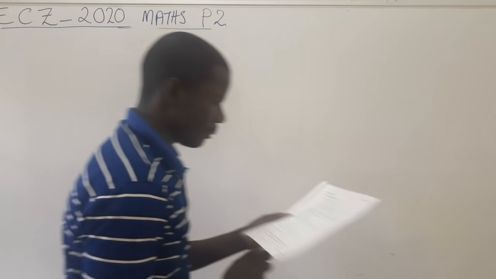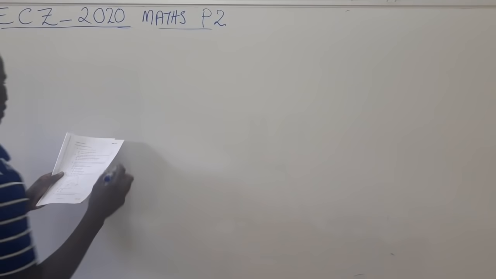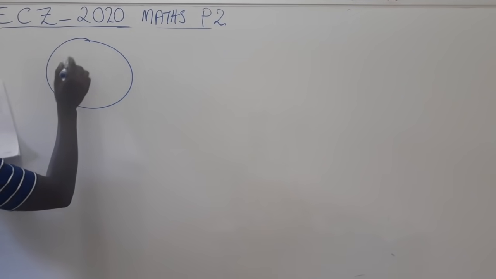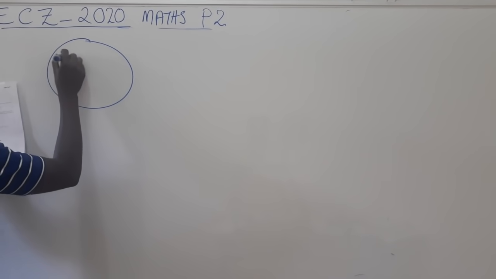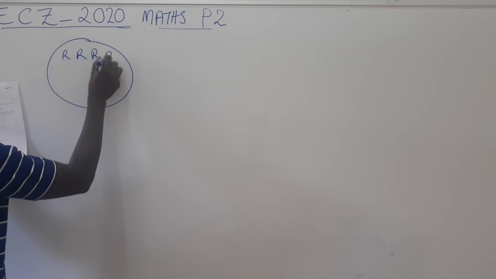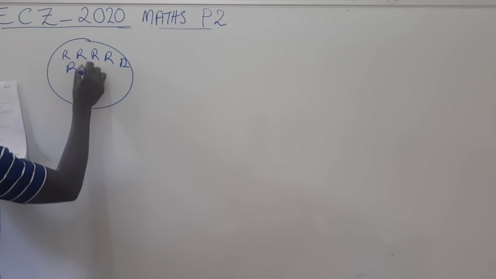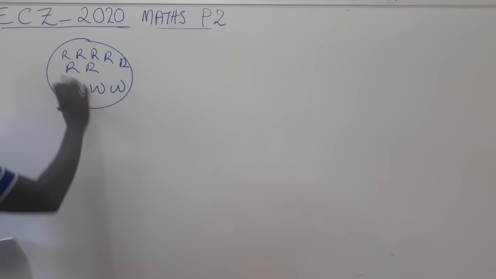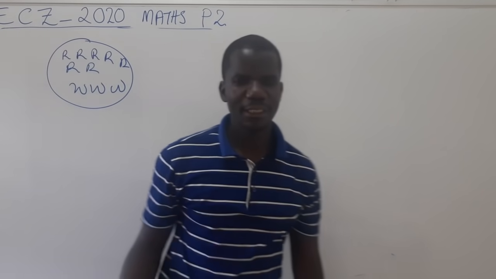B is a question on probability. It says a bag contains 7 red balls and 3 white balls. That is what is in the bag.